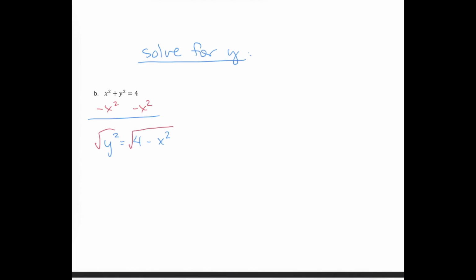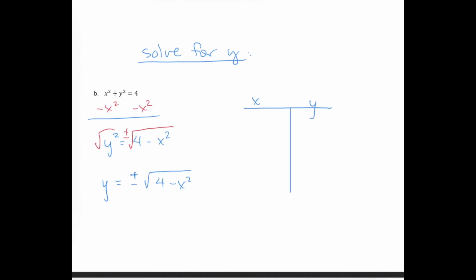Now, anytime we take the square root of both sides of an equation, that comes along with the plus or minus on that radical, and so we end up with the square root of y squared, which is just y on the left, but we have plus or minus the square root of 4 minus x squared on the right. And so now we go about finding the table of values, or a collection of ordered pair solutions, certainly not all of them, but just enough to get an idea for what's happening here, or the pattern.